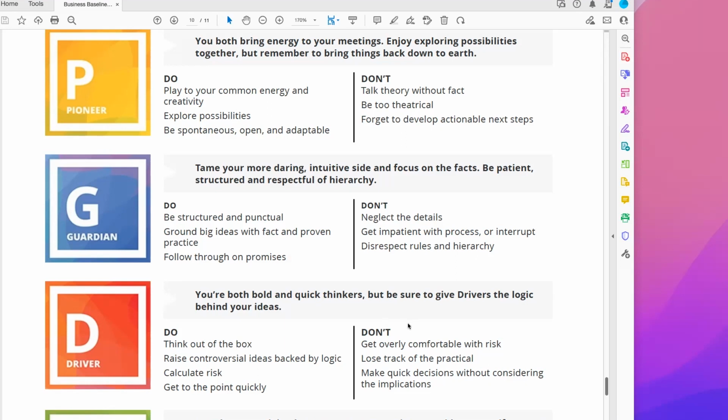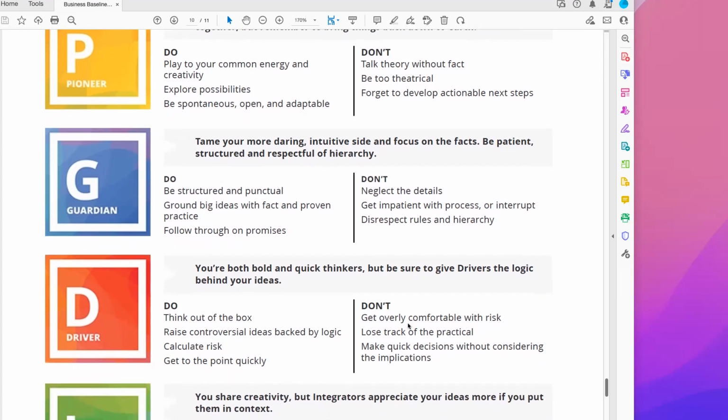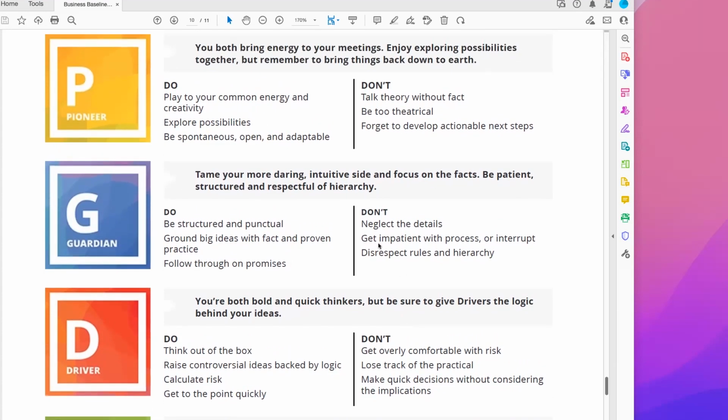And so again, I can't judge whatever their training program happens to be, but just like any other quadrant-based personality typing system, we can certainly talk about, how do P's get along with G's? Where are they on board? Where are they off board? How do G's get along with D's? You know, so all this kind of cross-referencing.